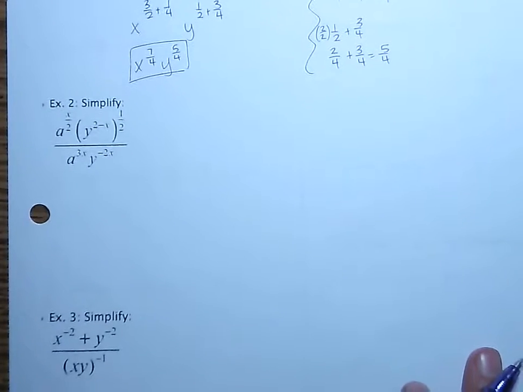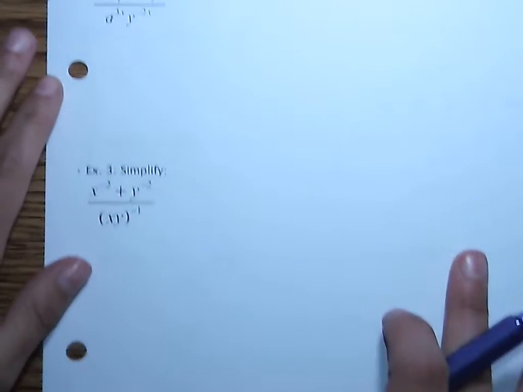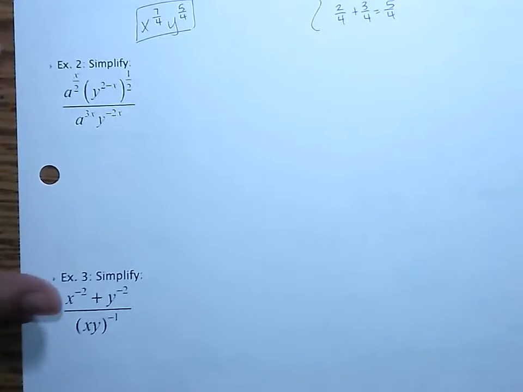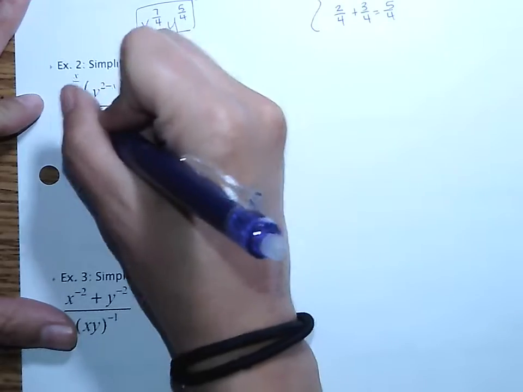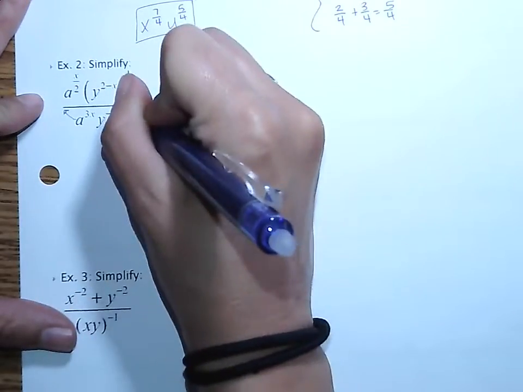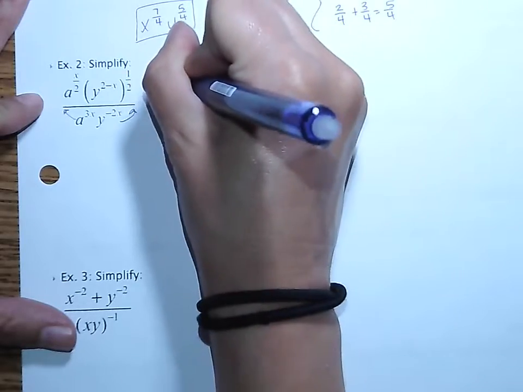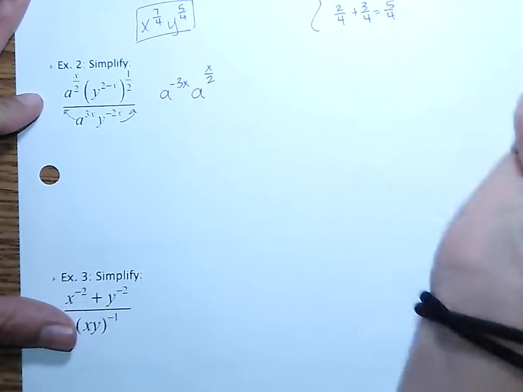Alright, so for this next one, we have two monomials, so we can simply move both of these up to the top. So I'm going to just rewrite this as a to the negative 3x times a to the x over 2.